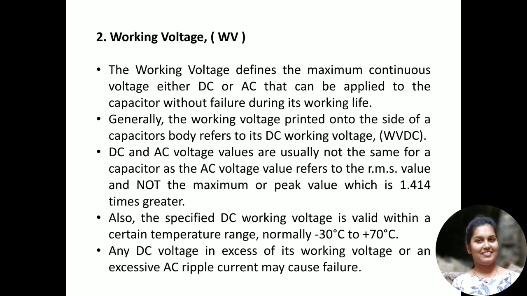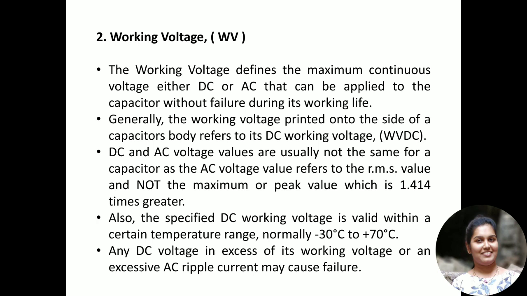And next, coming to the working voltage. This is also one of the important capacitor characteristics that defines the maximum continuous voltage, either AC or DC, that can be applied to a capacitor without any failure during its working life.